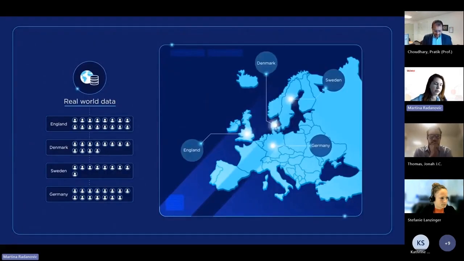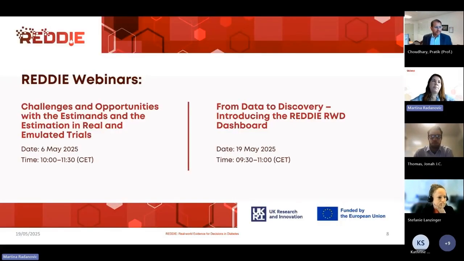I did mention that we are using data registries, and these are from England, Denmark, Sweden, and Germany. You will also hear today from our Stephanie that is also working for the German registry. But before that, you will hear more from what we are doing within Work Package 2.